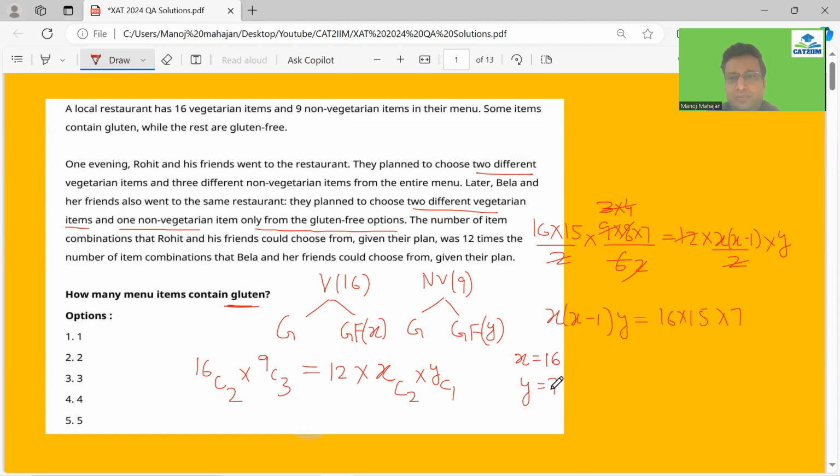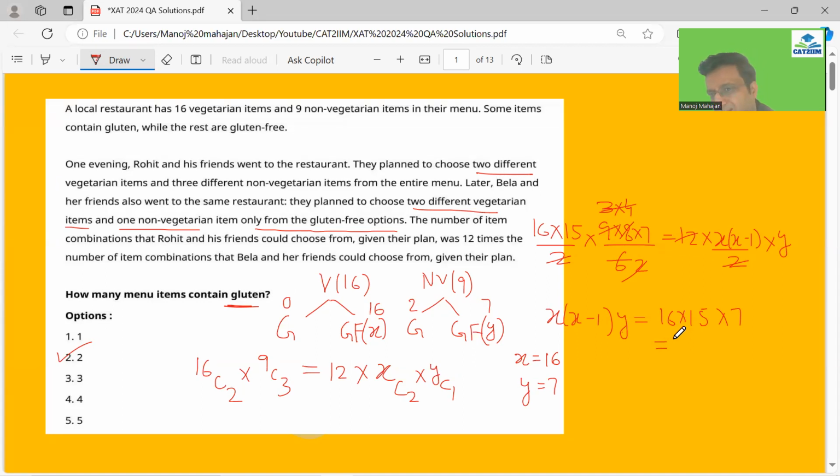There could be more solutions out here. But if this becomes 16, this would be 0, and if this becomes 7, this would be 2. So how many contain gluten? That is 0 plus 2, that is 2 itself. I can look for other solutions as well, but probably the answer is fixed. So this should be the right one.